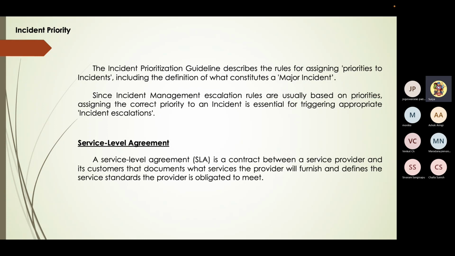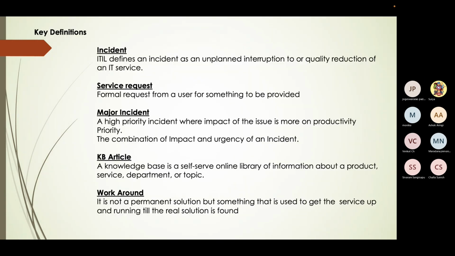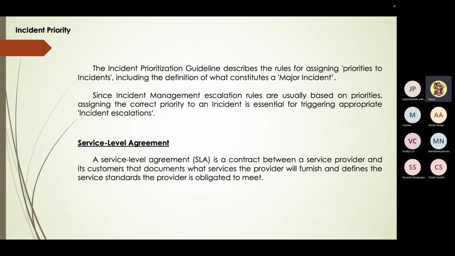And the SLA is nothing but the agreement between the service provider and the service consumer. Yesterday we had that slide, right? So we have service provider and service consumer. Again, I'm just defining: incident priority is the severity that the incident is having on the organization, and service level agreement is the agreement between the service provider and the service consumer.